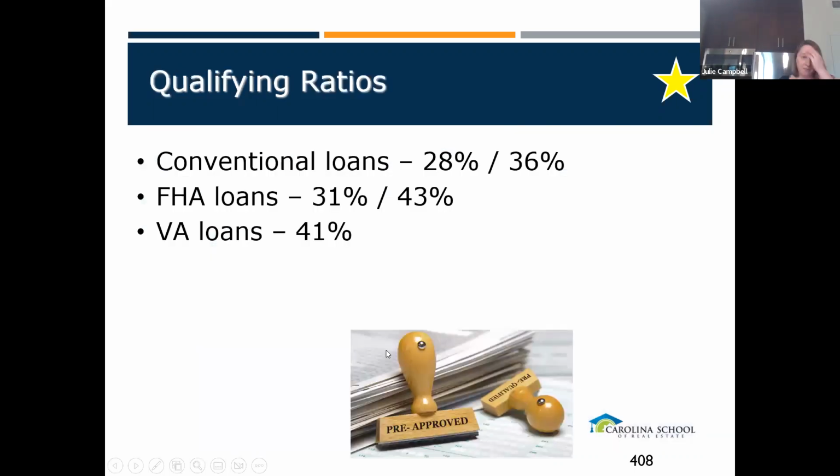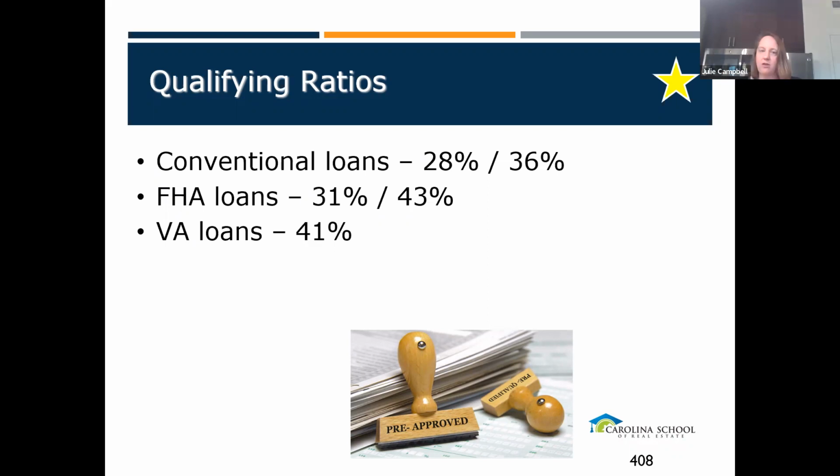So we're going to talk in just a minute about qualifying our buyer, but there's a couple ratios that we need to make sure that we understand what they're about. As you can see with your conventional loan, there's two ratios of 28-36. We will talk in just a minute about what these ratios mean.